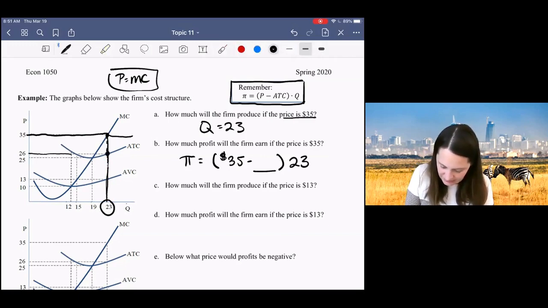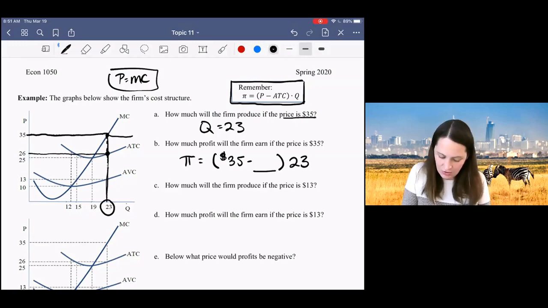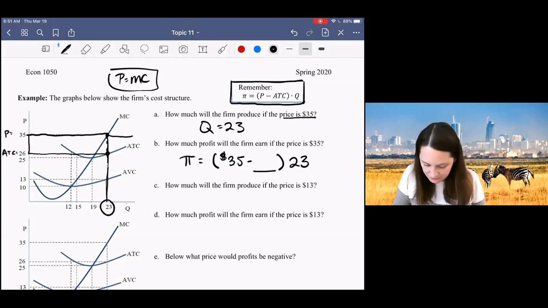And that's going to tell you what your average total cost is at a quantity of 23. My average total cost is 26. If you plug that into your calculator, you're going to see that your profit here is $207.